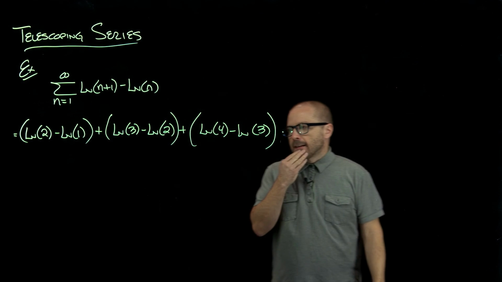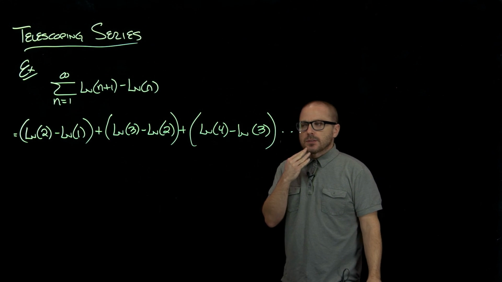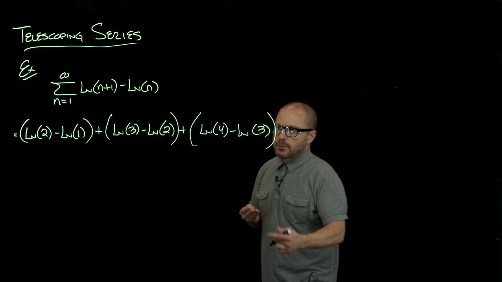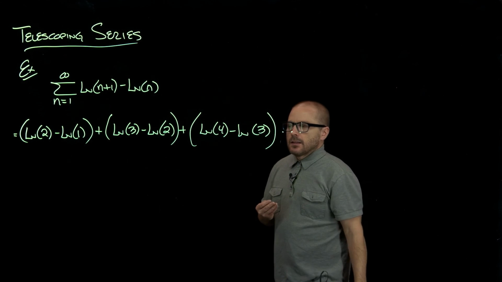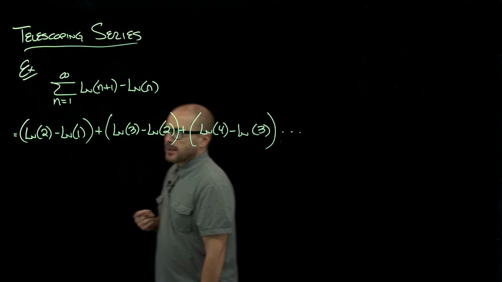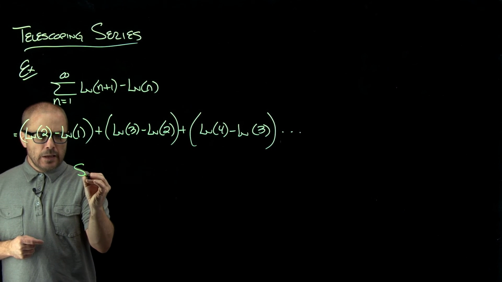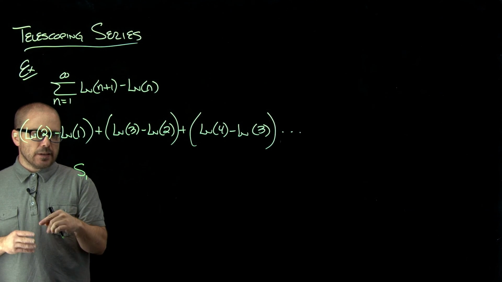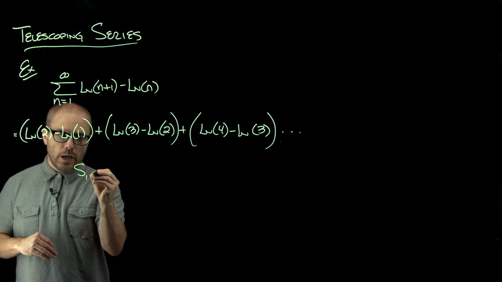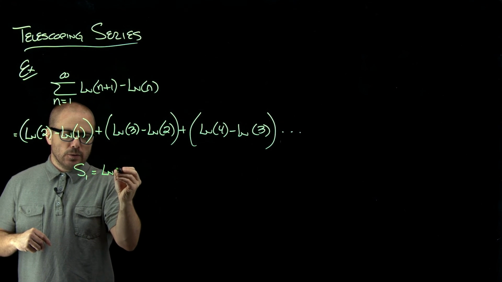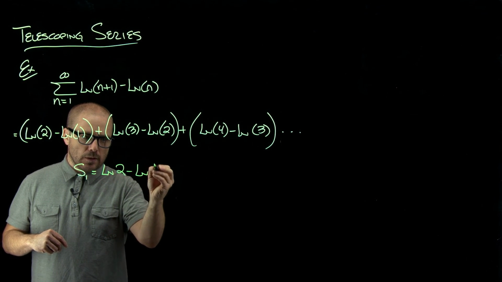And as we start to write the partial sums, we'll see that something nice is happening here, and we might already be seeing it in that expression. So remember, our notation for partial sums is S with a subscript. S sub 1 means add up just the first term, natural log of 2 minus natural log of 1.